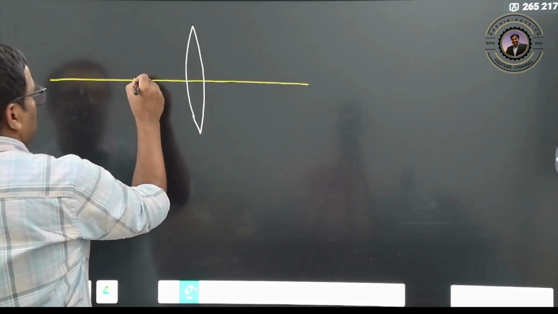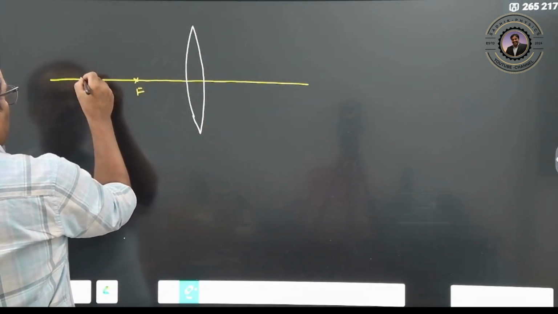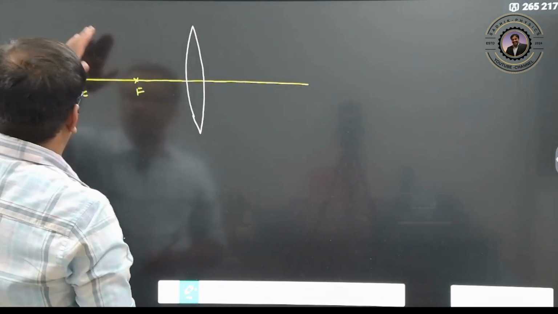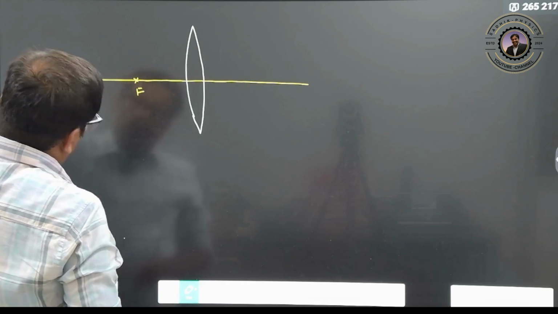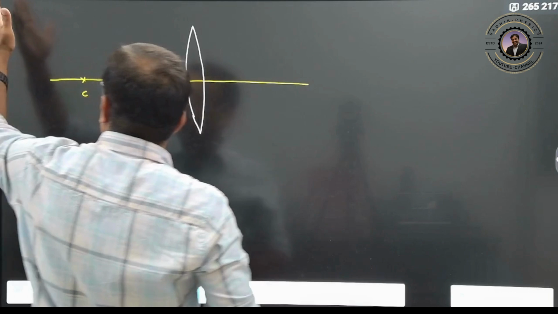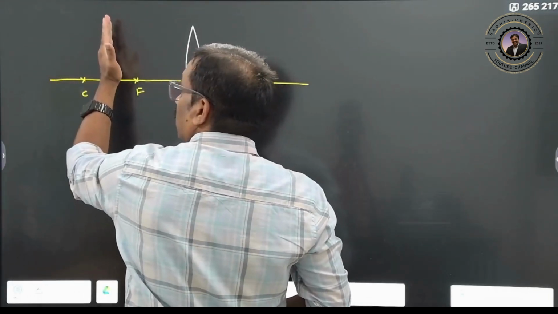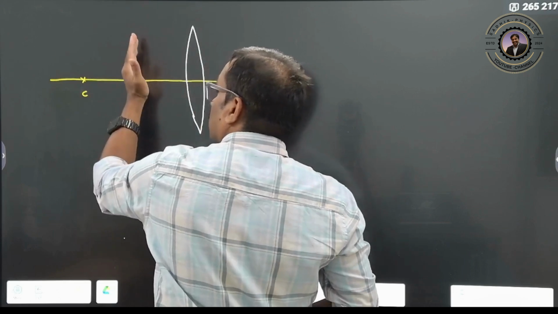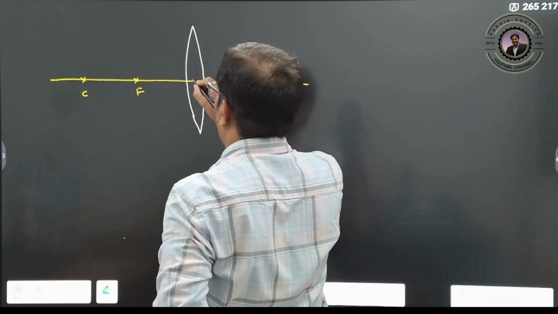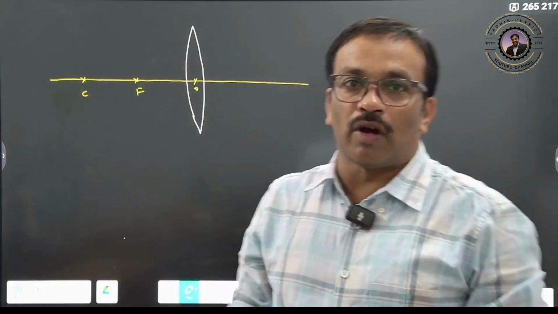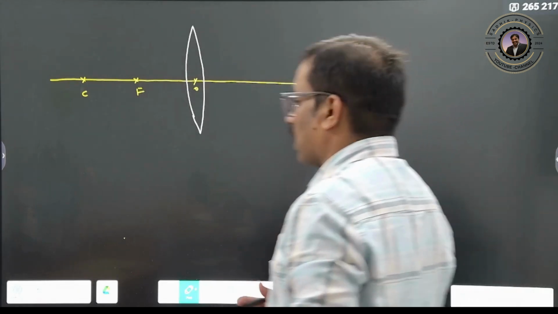One is the principal focus, another one is the center of curvature, C. So first at infinity, second beyond C, third on C, fourth in between C and F, fifth on F, and sixth in between F and O. Clear? So these are the 6 positions where we can keep the objects so that the images can be formed.